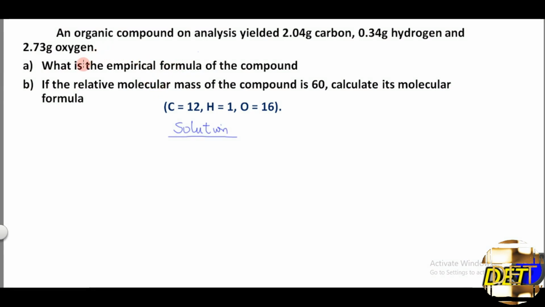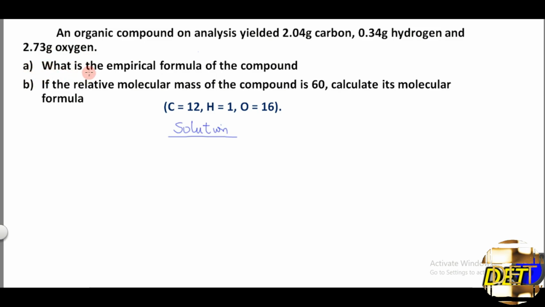Okay, so here is another example on calculation of the empirical and molecular formula. An organic compound on analysis yielded 2.04 grams carbon, 0.34 gram hydrogen, and 2.73 grams of oxygen.